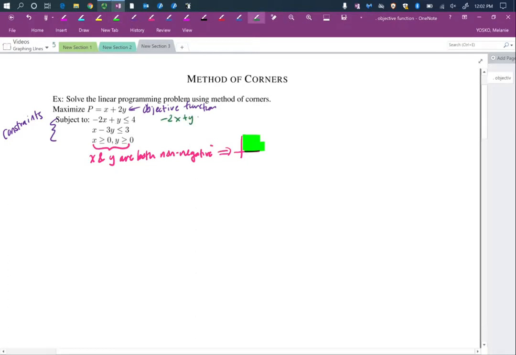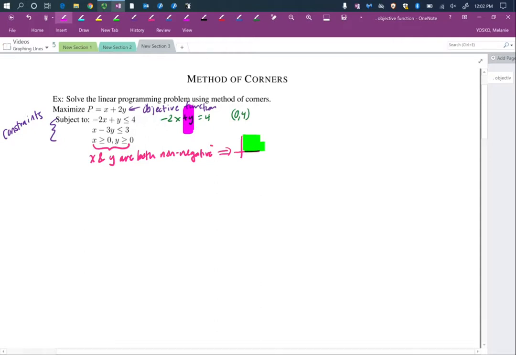You're going to think about this as negative 2x plus y equals 4. The fastest way to do this is to let x be 0, cover it up with your finger, it's gone. If x is 0, then y is 4. And we do the same thing with y. We're going to let y be equal to 0, so cover it up with your finger, pretend it's not there, and you have negative 2x equal 4.